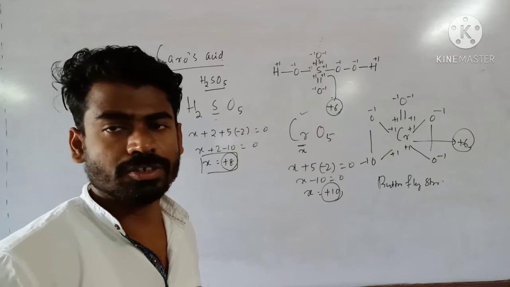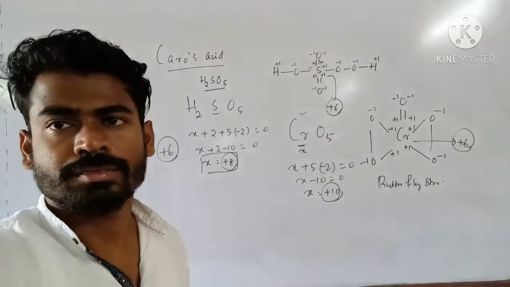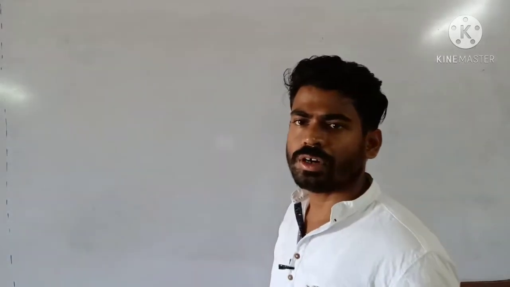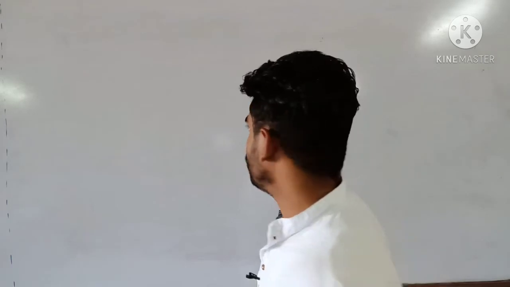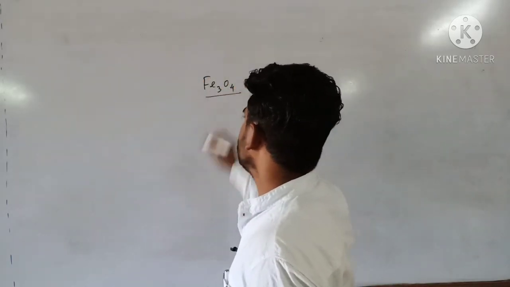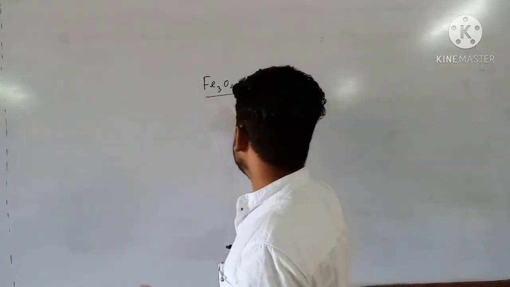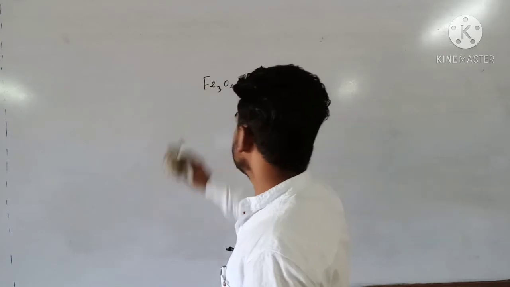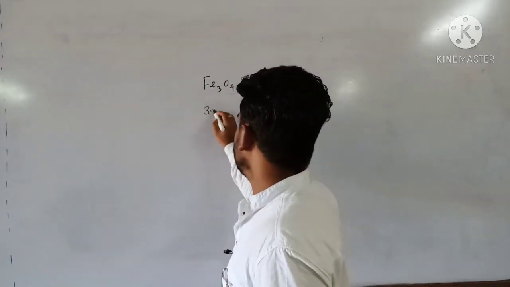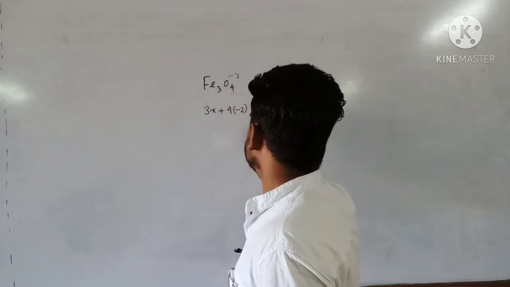Unless we consider their structure, we can't predict their oxidation number. If you calculate the oxidation state of Fe3O4, iron oxide, my question is how to calculate the oxidation number of iron in this oxide. Okay, let's say x. For 3 iron atoms, that will be 3x plus 4 into -2 for each oxygen, equal to 0.